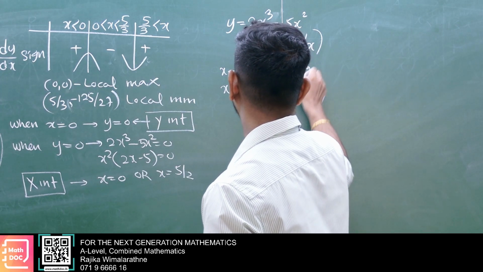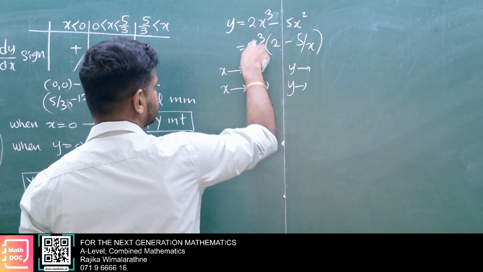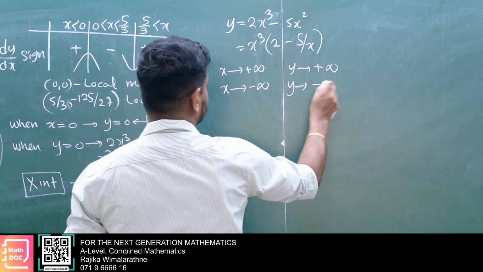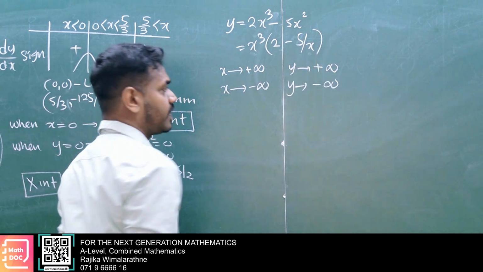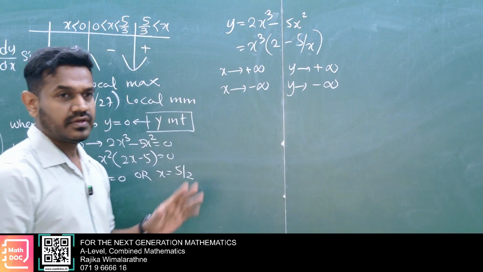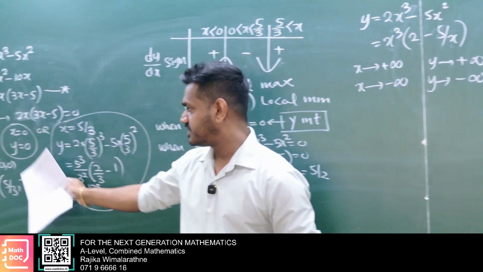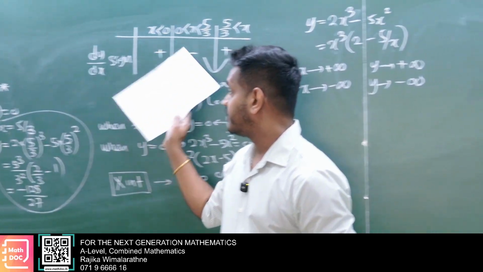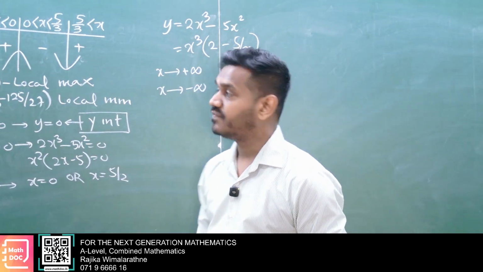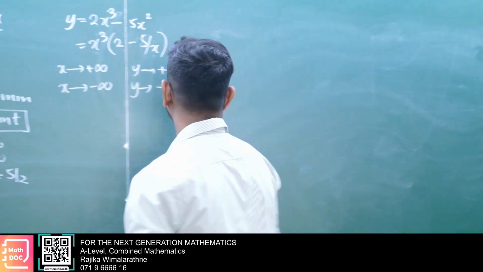Here 1 over infinity is 0, plus infinity cubed is plus infinity, minus infinity cubed is minus infinity. Now we have the variation. So up to now we know the critical points and their types, the x-intercept, y-intercept and tendencies. Now you start sketching.